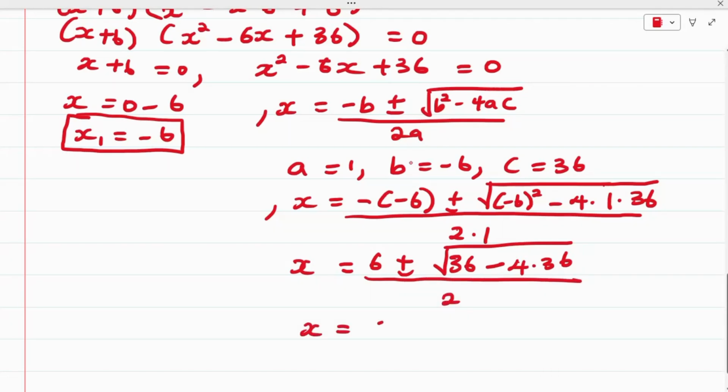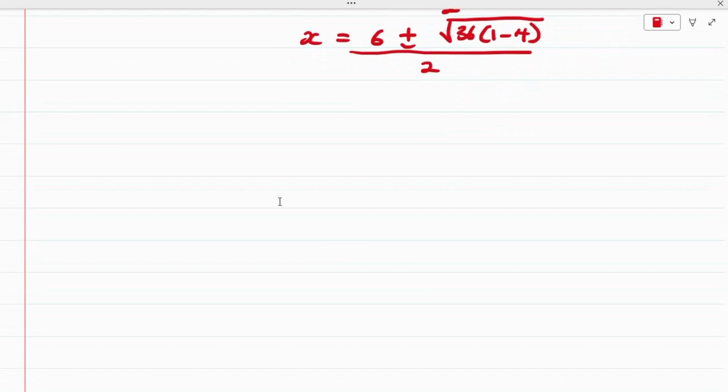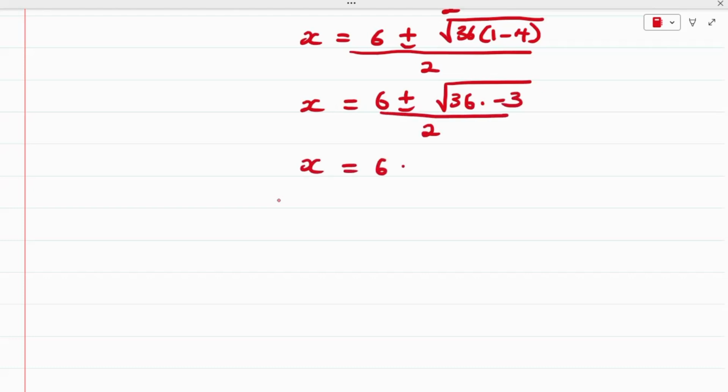So x = 6 ± the square root of, if we factor out 36, 36 × (1 - 4), divided by 2. So x = 6 ± the square root of 36 × (-3), divided by 2. That is 6 ± the square root of 36 × 3 × (-1), divided by 2.